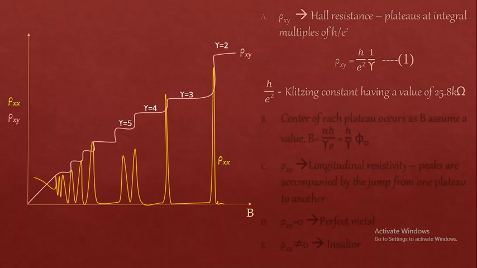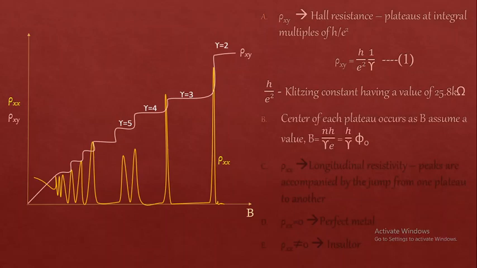Then coming to the next thing, that is how resistivity is going to change, why this nature is coming. So the center of each plateau occurs as the magnetic field assumes a value B equal to nh by gamma into e. The plateaus we can observe in the graph denoted by light pink, that is rho xy.